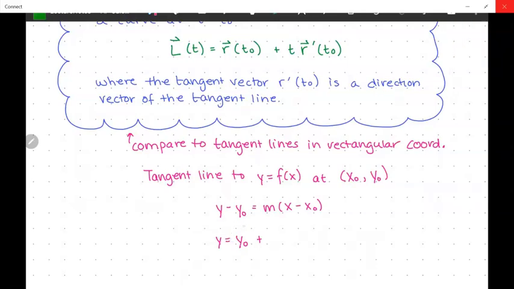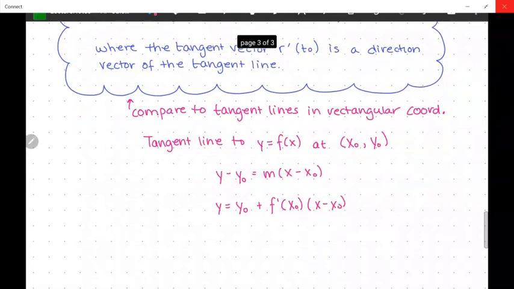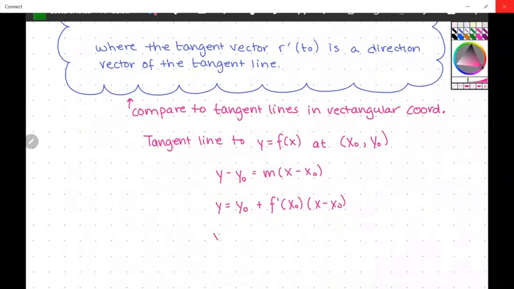If I solve for y, we put the y naught on the other side, and then we have the x minus x naught. But y naught is the same thing as f evaluated at x naught.